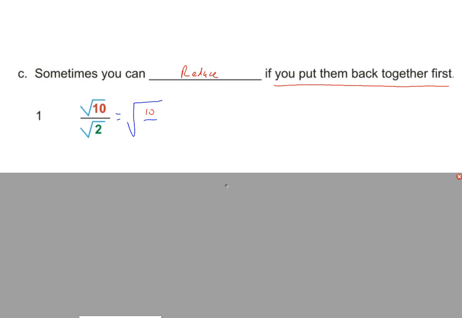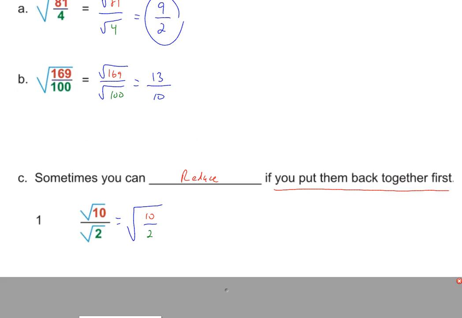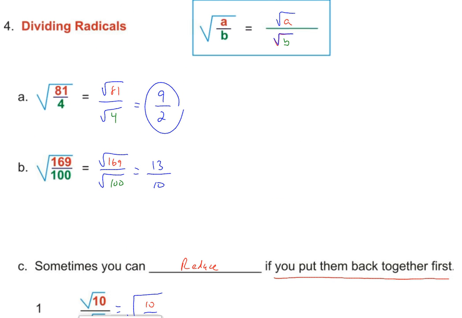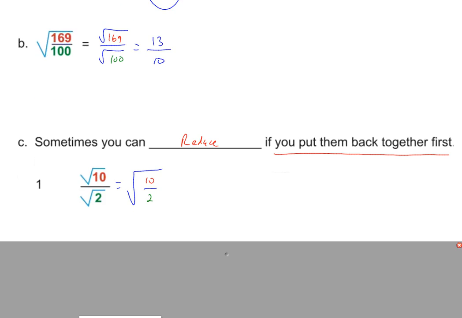And hopefully you agree that it's the square root of 10 divided by 2, right? Do you see how I took this rule and went backwards? I went from this to that, right? Instead of splitting it up, I put it back together. Now again, why would you do this?